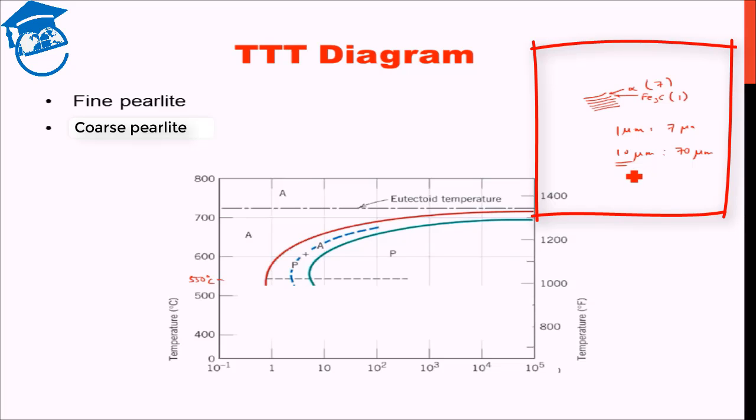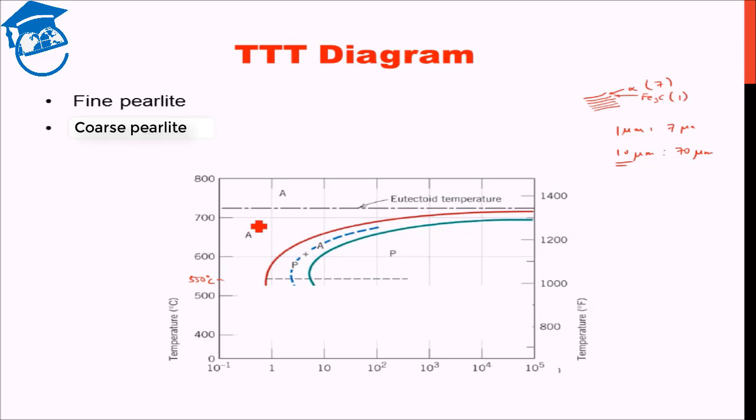How do we find out what decides whether the pearlitic structure will be fine or coarse? That is decided by what temperature we are holding at to form the pearlite. It is basically depending on the isothermal hold temperature. Let's again assume two temperatures, like 700 degrees Celsius. What is happening? We have a very high temperature, thereby diffusion can take place over large distances, right?